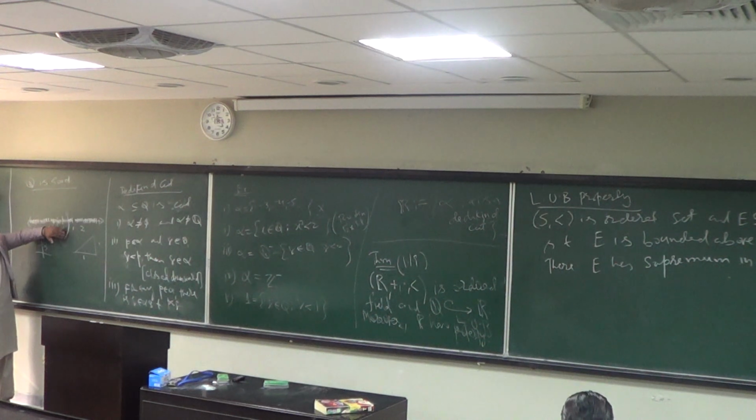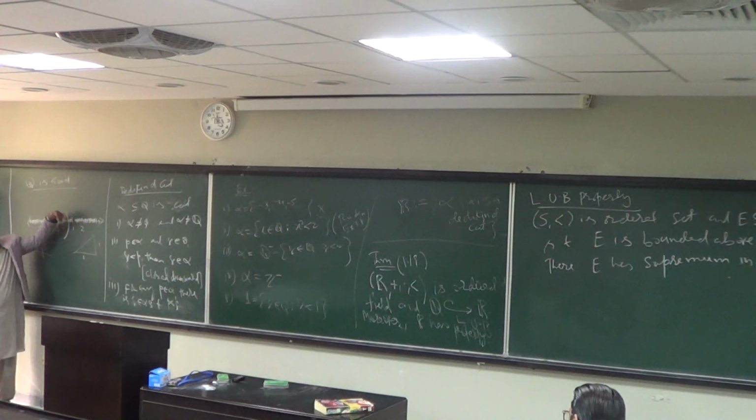But what we are going to see is that since this set is bounded above, there are lots of bounds for this in R. Then we can treat this gap as the supremum of all these numbers.